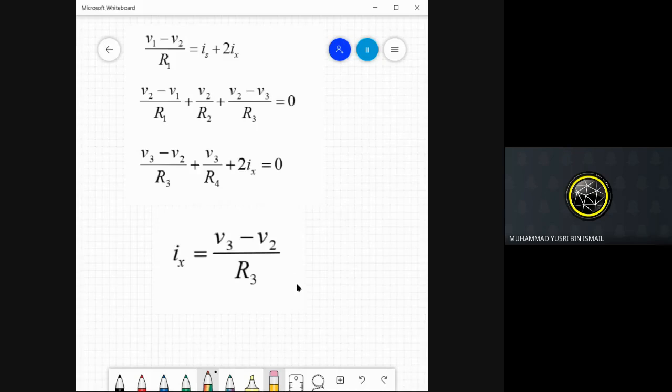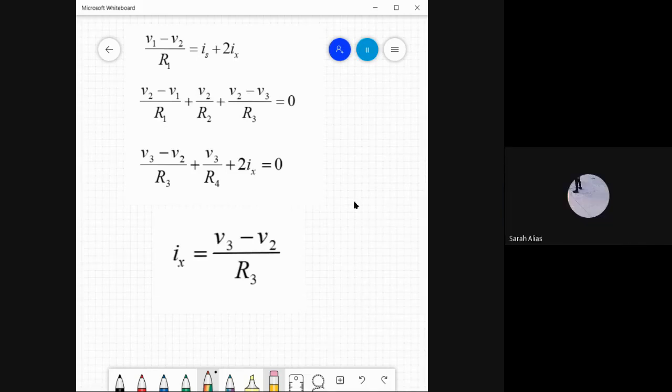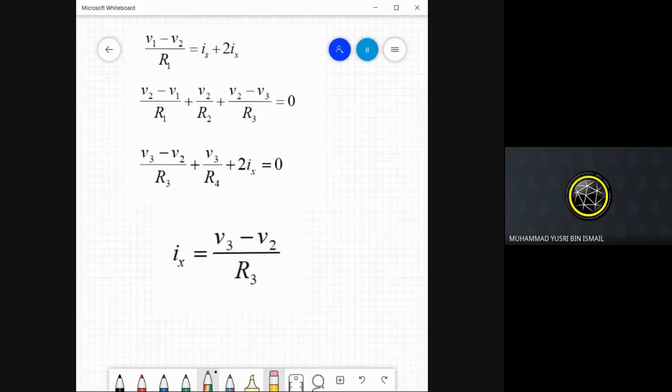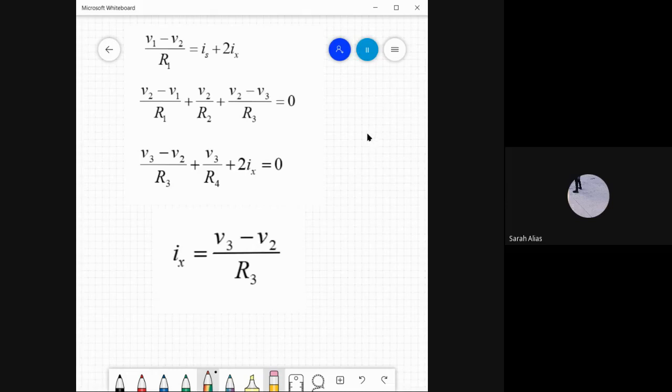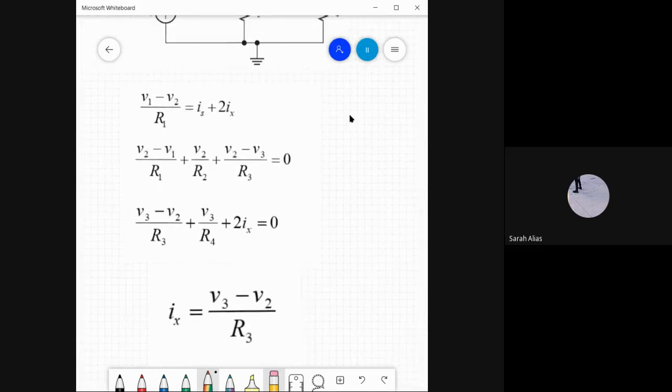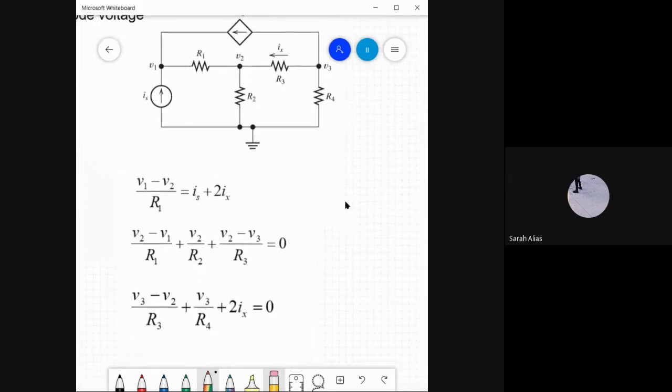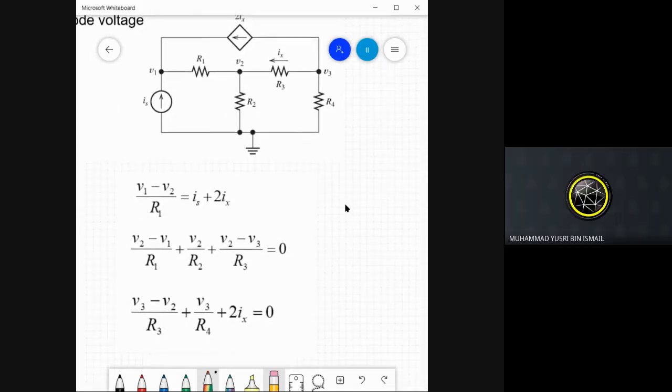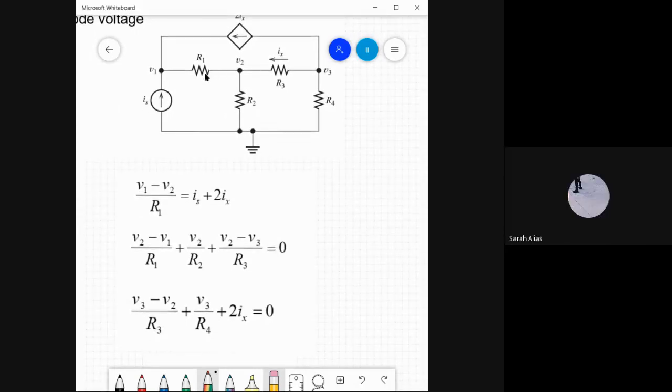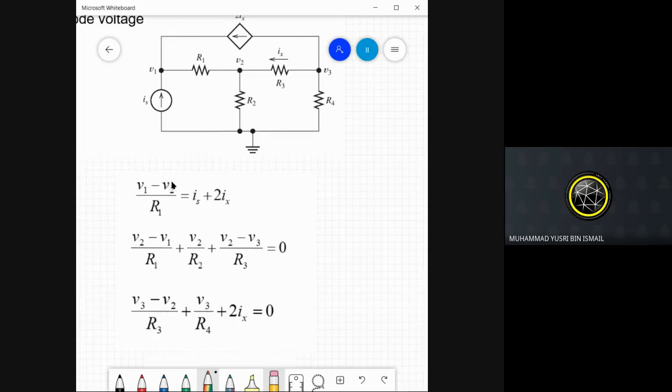Okay, so basically semua dapat ke? So equation yang tu macam mana? Macam mana equation yang pertama tu boleh jadi macam tu? So, saya dapat Is je. Okay, so basically, sekejap saya cuba tulis.